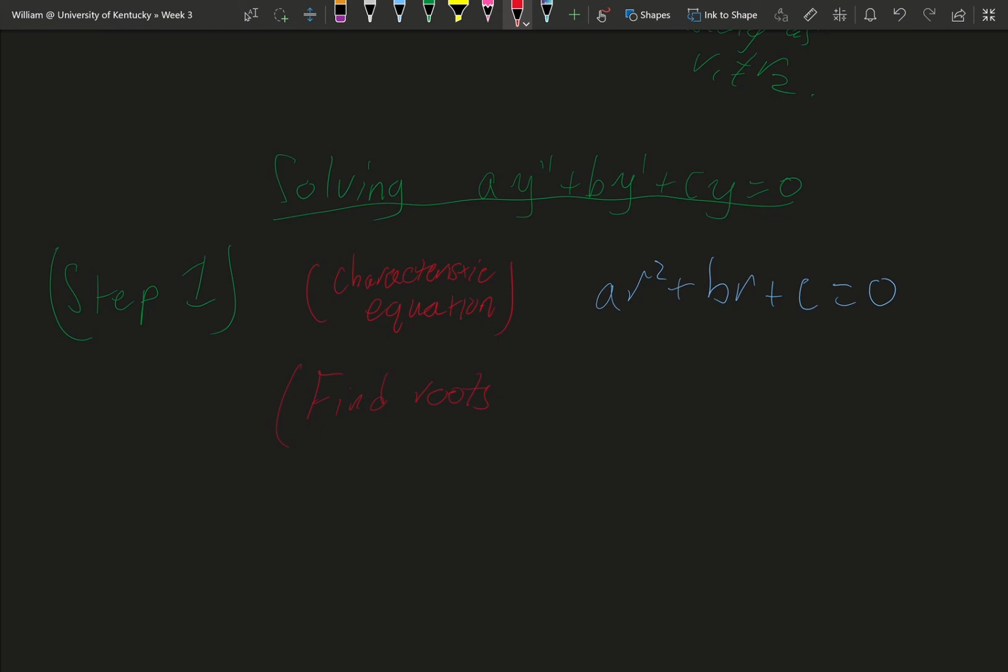And we have a couple different tools for this. We can factor, you could complete the square, or you could just use the quadratic formula.